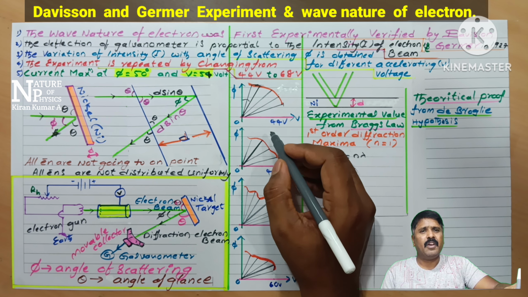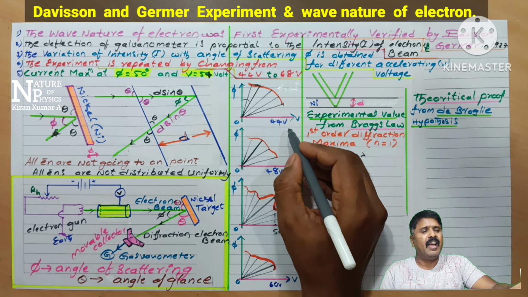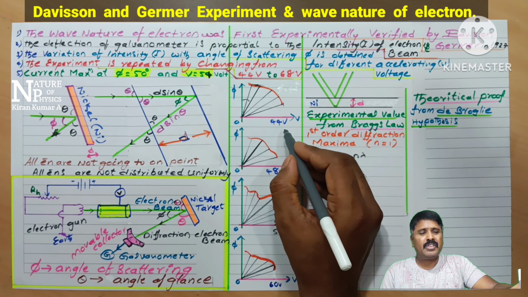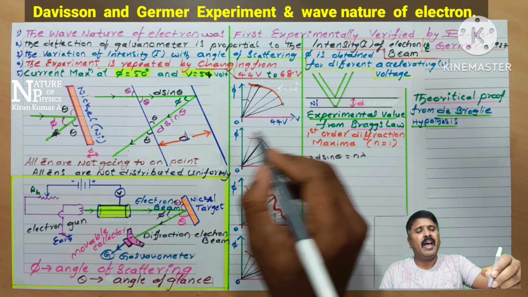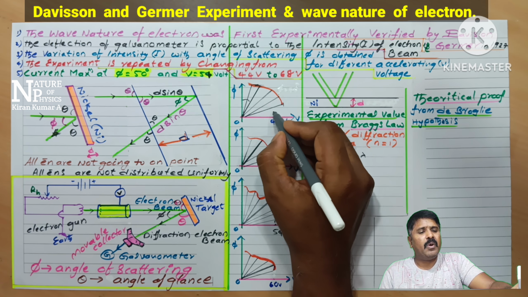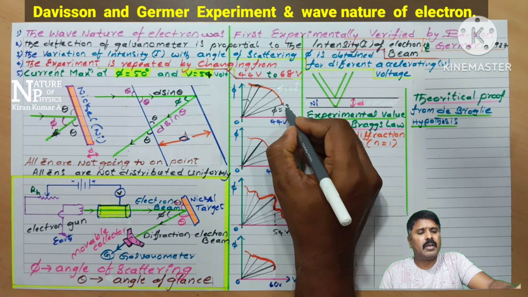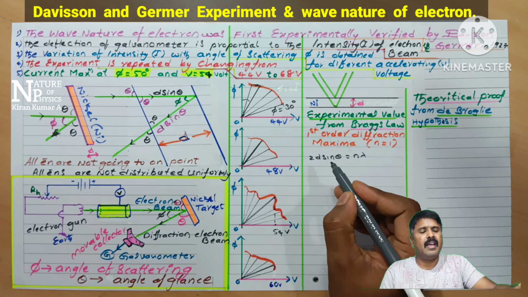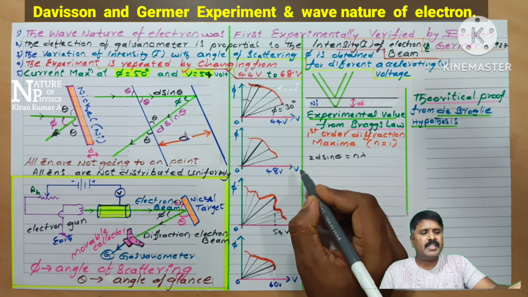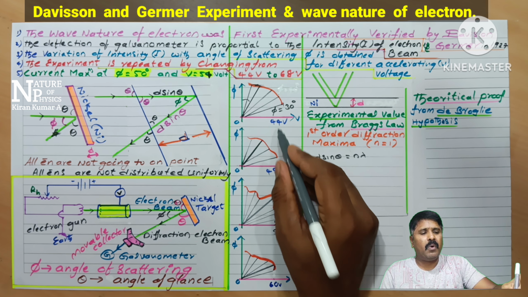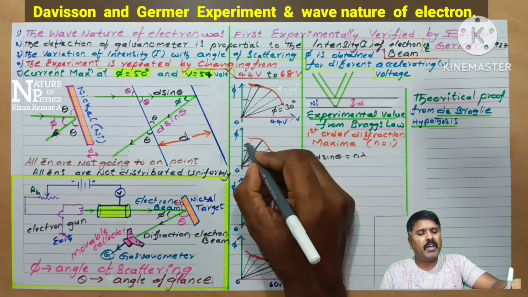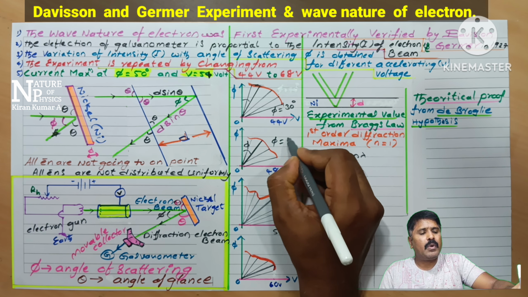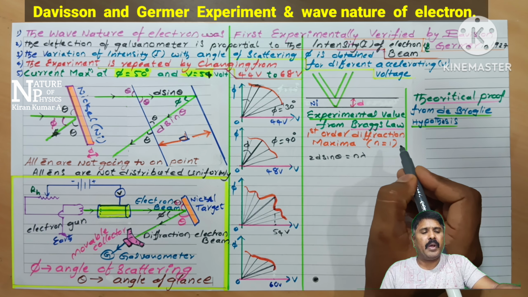Next are the graphs between the angle of scattering and accelerating voltage, student. The first graph is at a voltage of 44 volts, and the corresponding phi value is equal to 30 degrees, student. In the next one, the voltage increases from 44 volts to 48 volts, and here we get a phi value equal to 40 degrees, student.